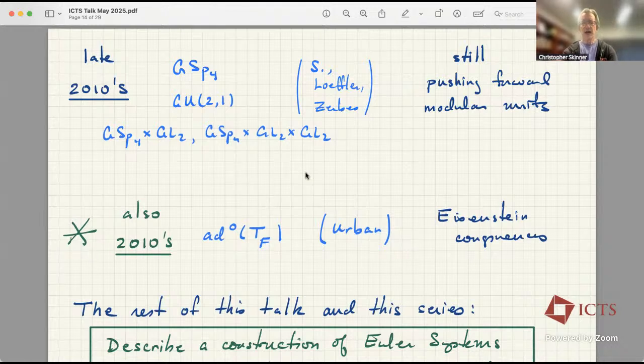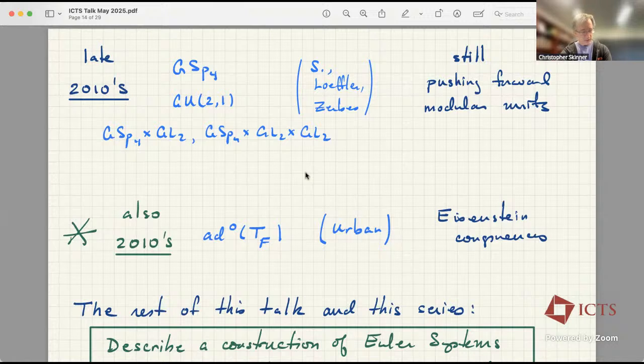Also, as I said, I haven't said anything about the Euler systems for anticyclotomic extensions, which are those that are more like what Kolyvagin did in his celebrated work for elliptic curves. That's a slightly separate theory.